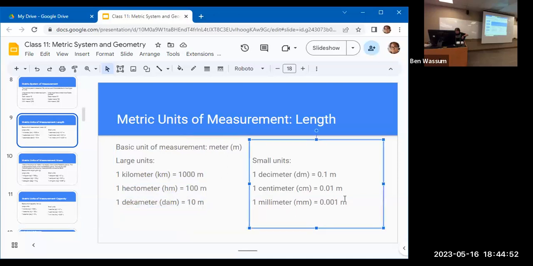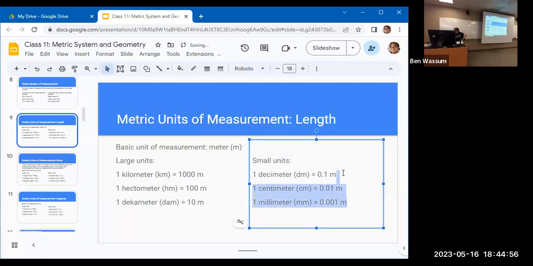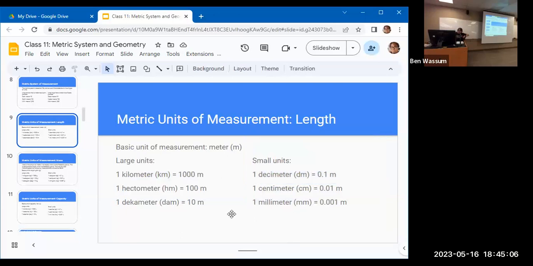Over here with small units, centimeter and millimeter, we've used these, but decimeter, haven't used that, right? So we don't really use that. And it's pretty much the same for most of these. Actually, I think all of them, where we only really use half of these particular units.